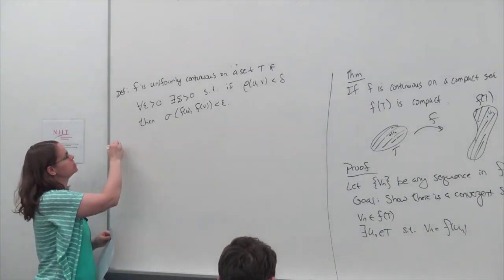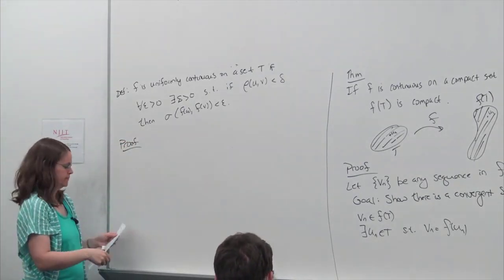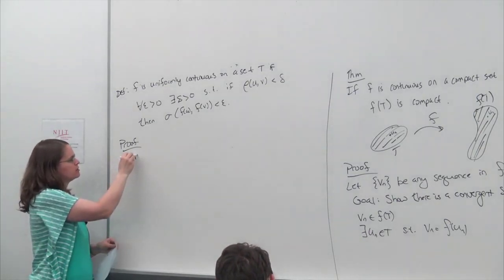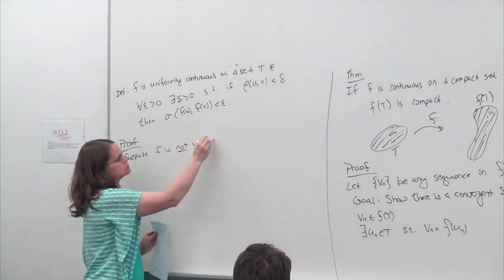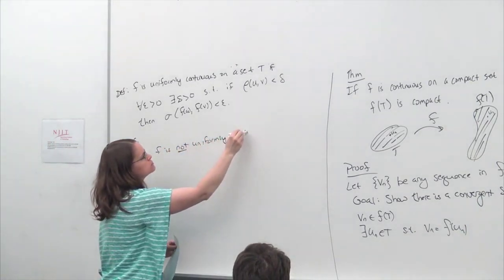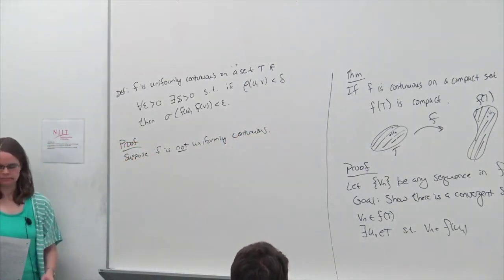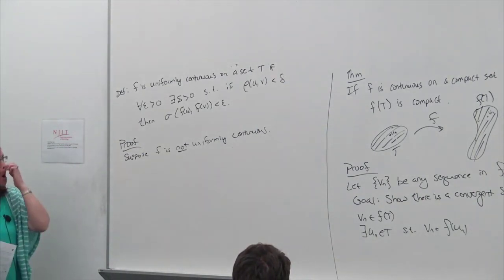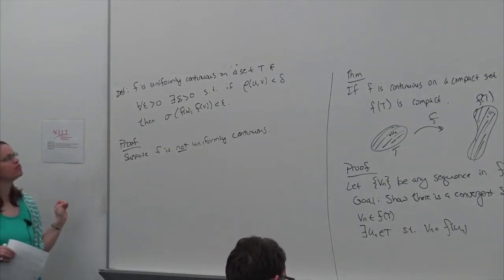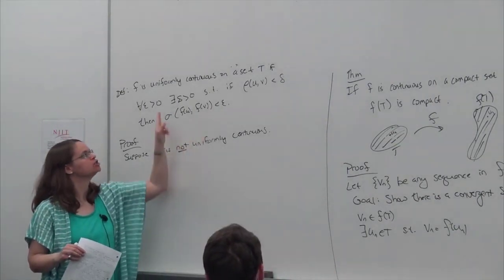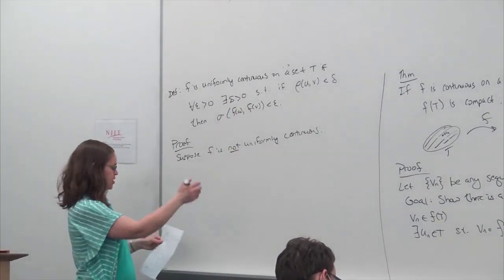Okay, so going back to the proof of the result. Well, let's suppose not. What does that mean? That means this definition doesn't hold. And that means somehow I can find some epsilon such that I can never force these function values to be less than that epsilon. Okay, so let's write down what this means.